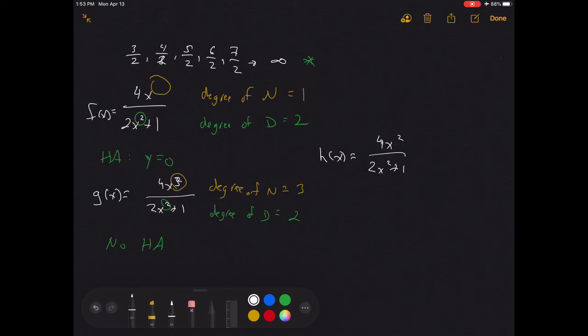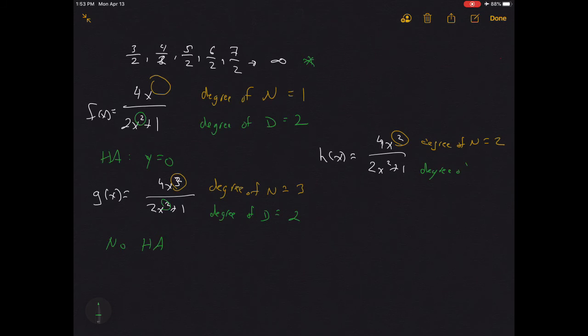So once again, the first thing we're going to do is compare the degree of the numerator, which is 2, and the degree of the denominator, which is also 2.